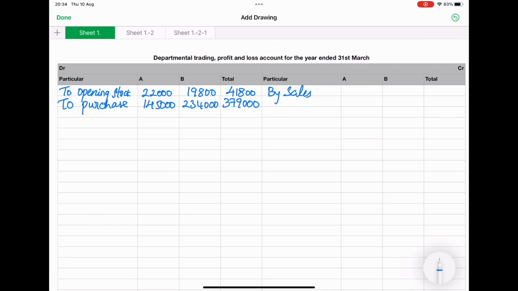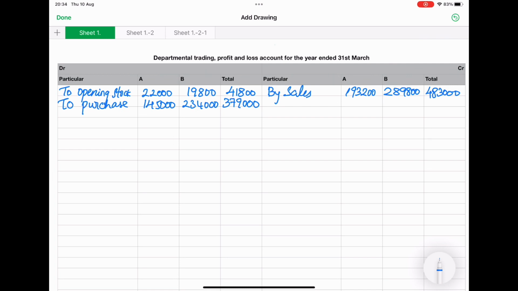Next they have given sales, which will be on the credit side, isn't it? So by sales, for department A 1,93,200 and for B 2,89,800. If we add both, we get 4,83,000.